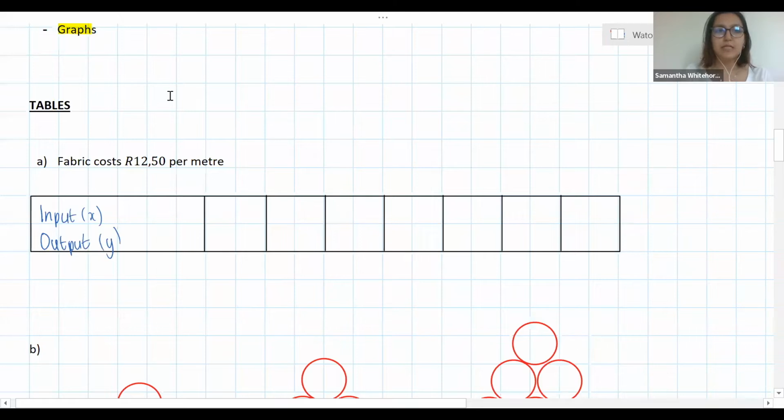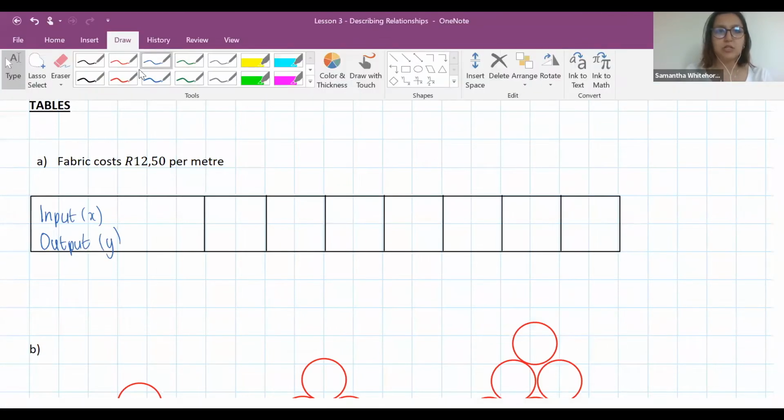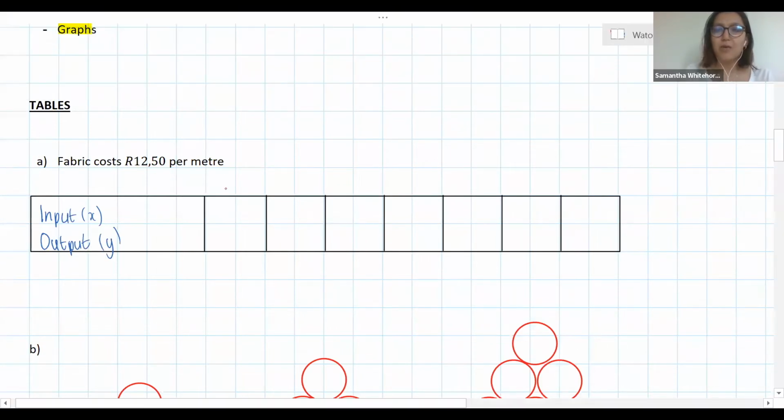In this example, our input is generally the independent variable. So our input here would be the number of meters of material that we buy, because that is going to determine what my cost is. And Y would be the cost of my material in rands.